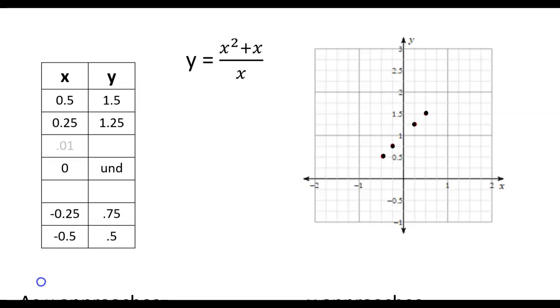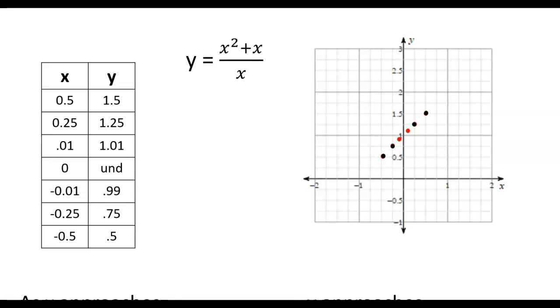So let's try 0.01. That's really close to 0. That's like 1/100th away from 0. If I plug that in, I get 1.01. And then if I plug in negative 0.01, I get 0.99. Okay, so you guys see how it's trying to close in on a y value of 1?